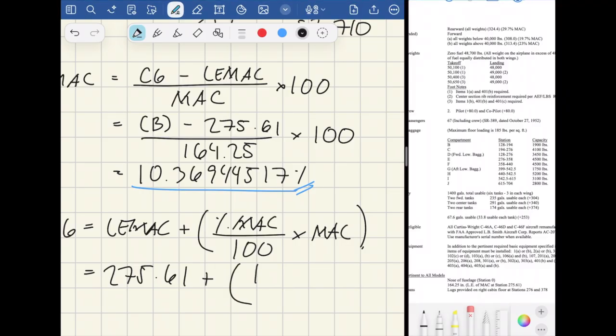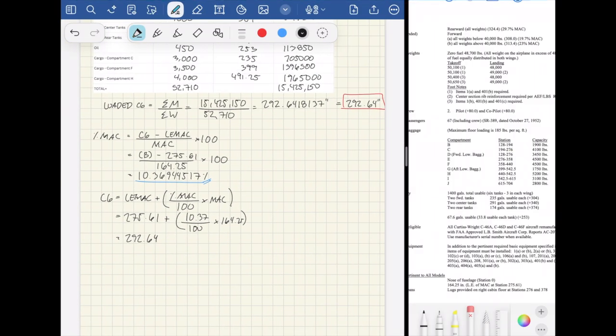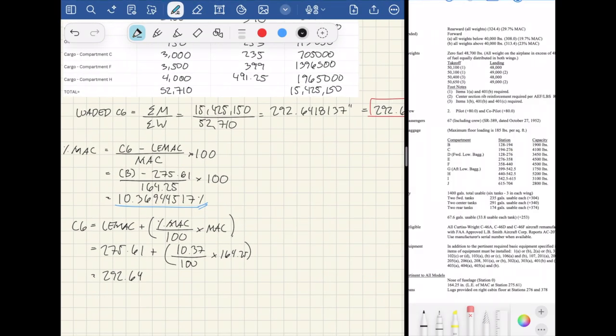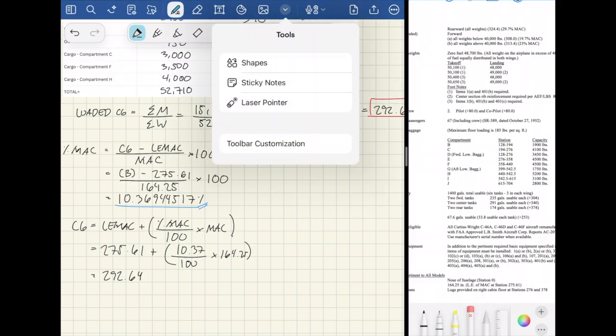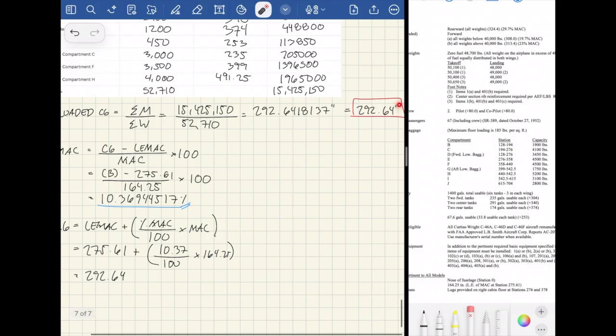Okay, so let's put 10.37 for simplicity na lang. Times MAC na 164.25. Yung sagot natin sa loaded CG is the same kung gagamitin natin itong 10%. Kung if we're gonna use this 10% sa ating CG formula na derive, it's gonna be pointless because ang sagot na lalabas dyan, as you can see, is yung loaded CG.